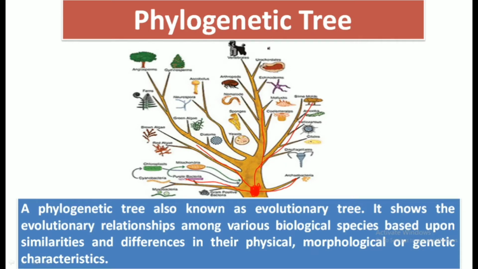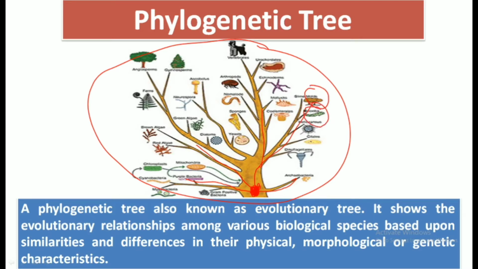In this type of tree, two species are more closely related if they have a more recent common ancestor. Like these two species are mostly related because they come and join here, and this is the common ancestor. You can find some more examples here, like here also these two species are mostly related, while those that don't share a recent common ancestor are less related.